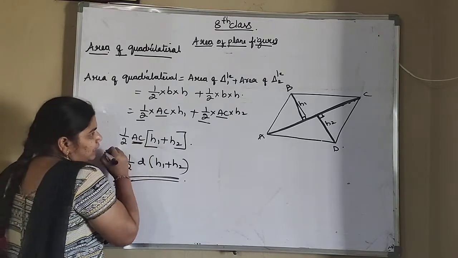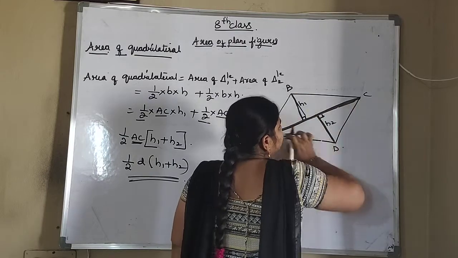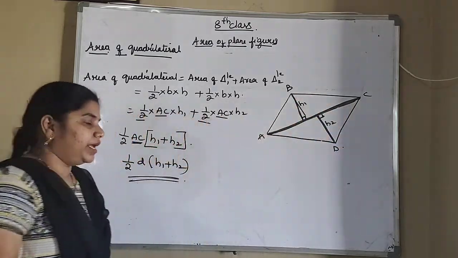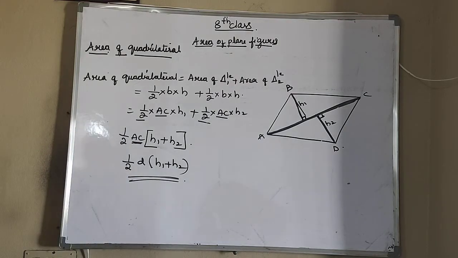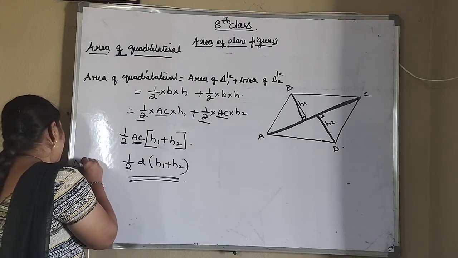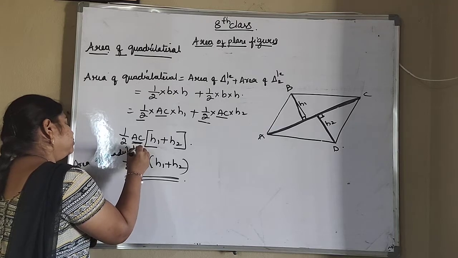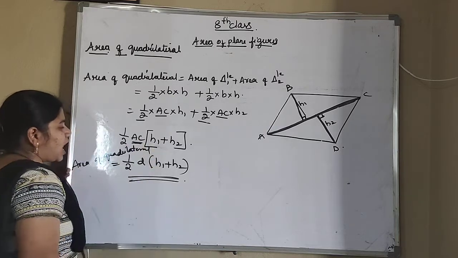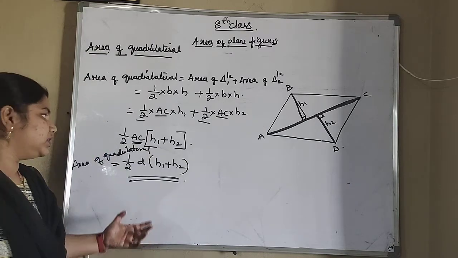AC is nothing but the diagonal of this quadrilateral, so in place of AC I am writing D, and H1 plus H2 as it is. So the area of a quadrilateral is half into diagonal into (H1 plus H2). This is our formula.